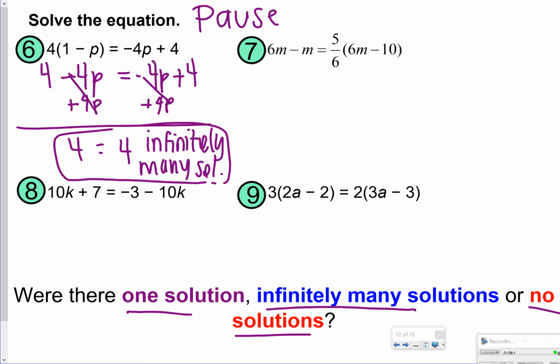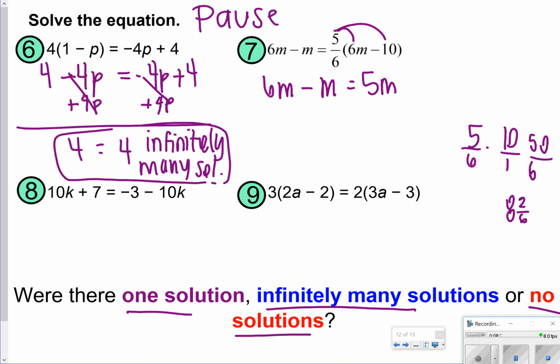Okay, over here for number 7 I'm going to have 6m minus m is equal to distributing the 5 sixths: 5 sixths times 6 is just going to give me 5m, and then 5 sixths times negative 10, that's going to give me 8 and 2 sixths, or we can just say 8 and 1/3.